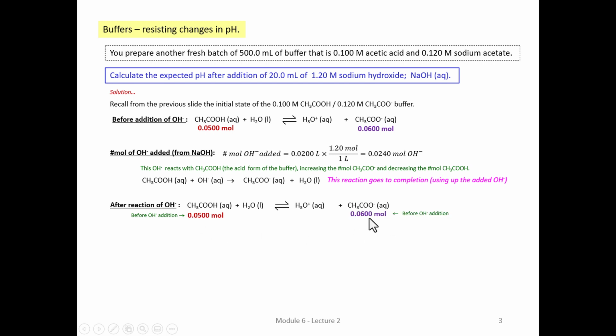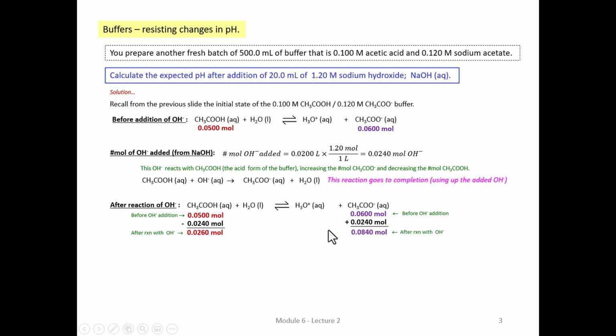This is what we started with. Remember, the hydroxide's going after the acetic acid and decreasing this acid form by the number of moles of hydroxide that's added, 0.0240. And that means on the other side, the number of moles of base form is going to increase by that same number. So what we have here is after reaction with hydroxide, we have fewer moles of acid form. We have more moles of base form.